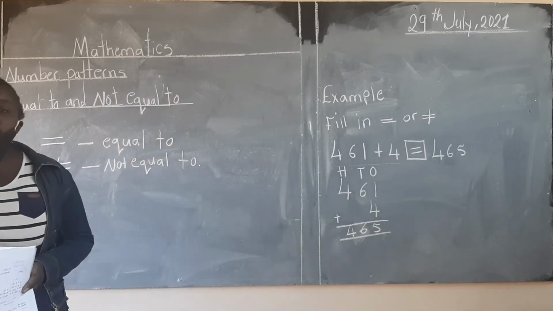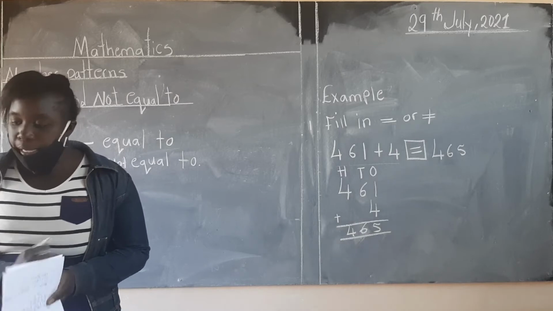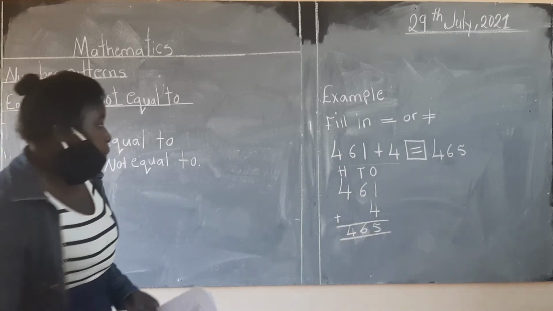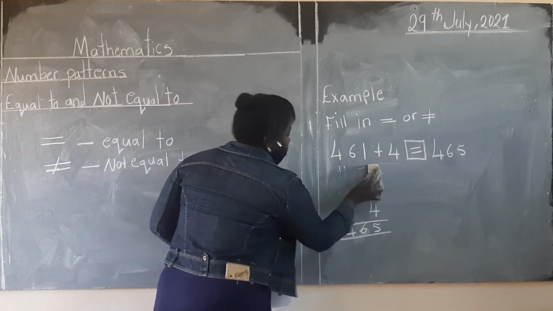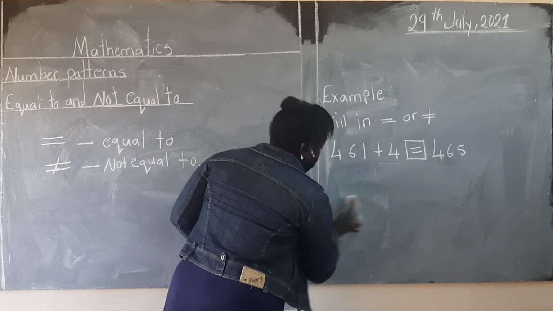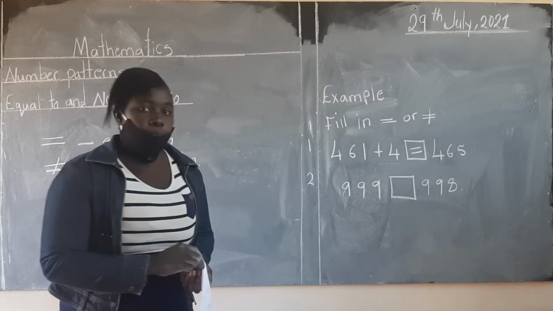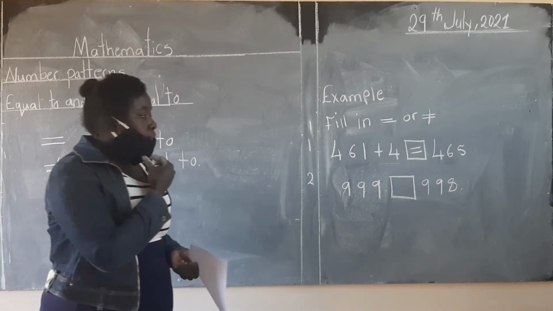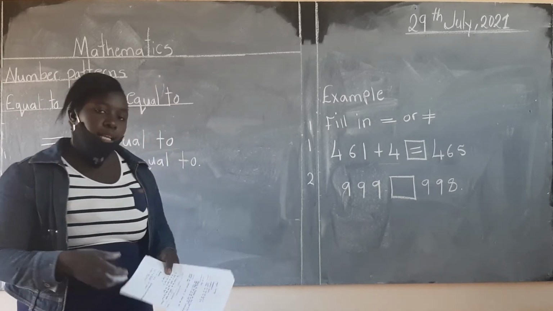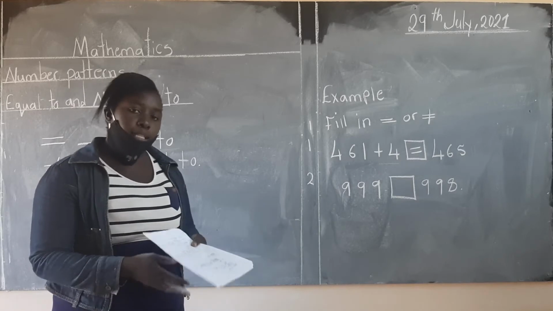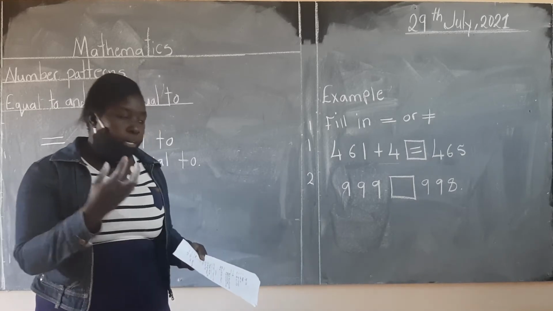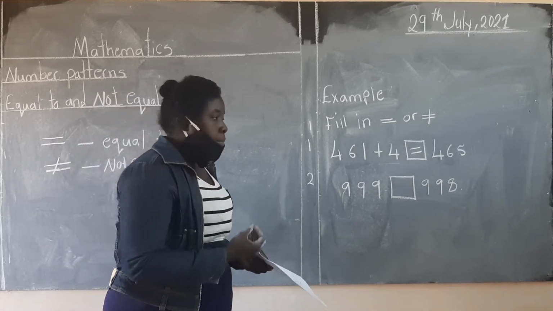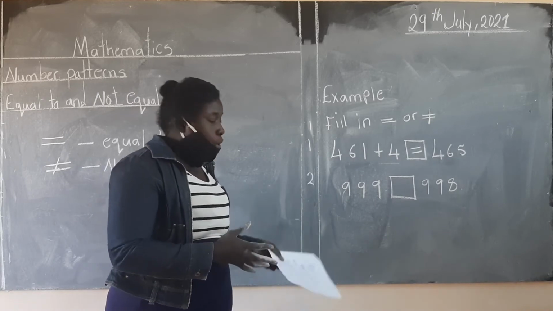Let us look at the second example together. Okay, so that's our second example. When you look at the second example there's nothing like adding, multiplying or subtracting. So you simply have to read the numbers and see whether they are the same or not.